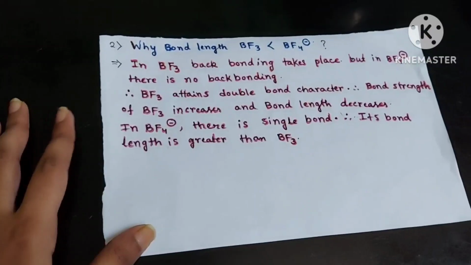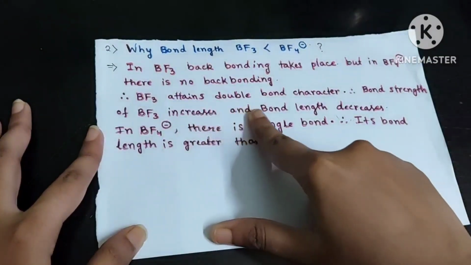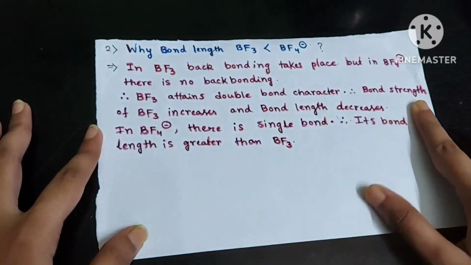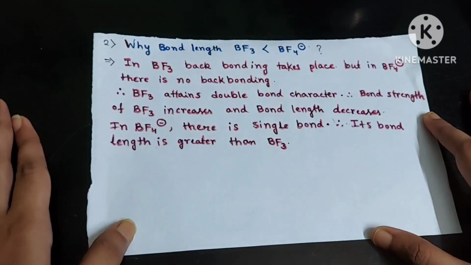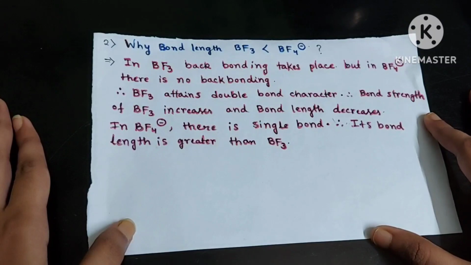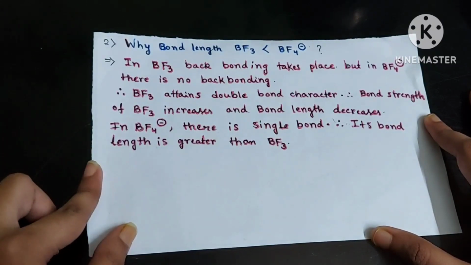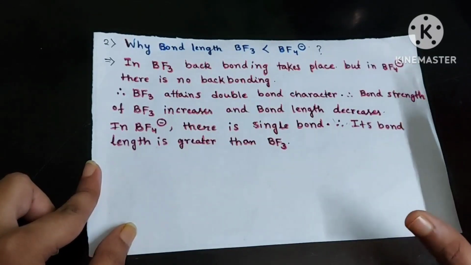Therefore, as BF3 attains double bond character, the bond strength of BF3 increases and bond length decreases. We know the bond strength of a double bond is greater than a single bond, and the bond length of a double bond is smaller than a single bond. In BF4 minus, there is a single bond because no back bonding is taking place.